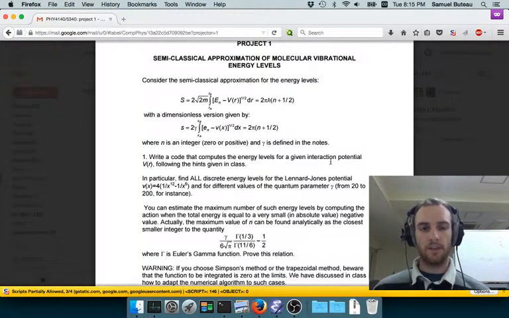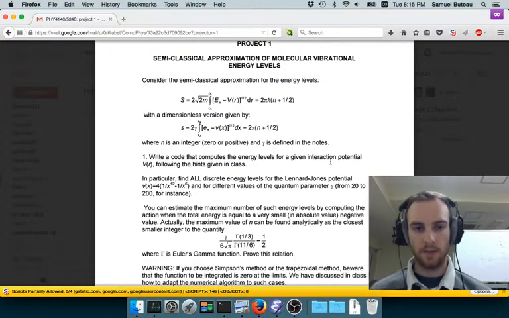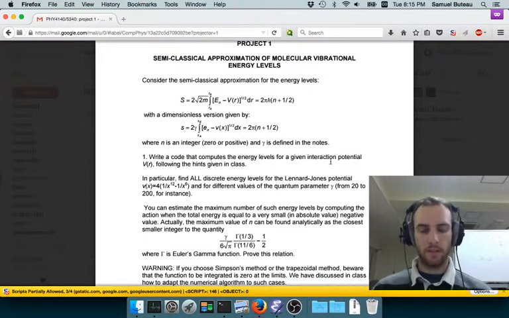So you have this function and you can fiddle around and see what happens. Try to get a bit of understanding of the physics.